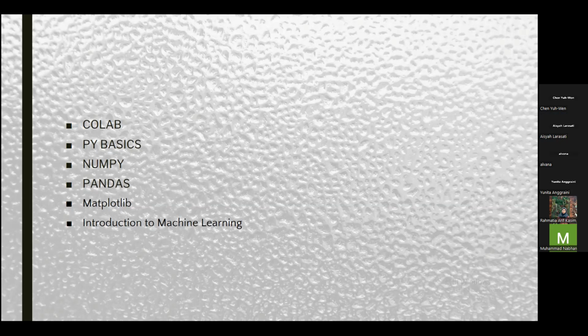And the last one is matplotlib. This library allows us to draw pictures and figures, maybe a histogram in statistics. With this assistance, we can visualize the output of your Python program.